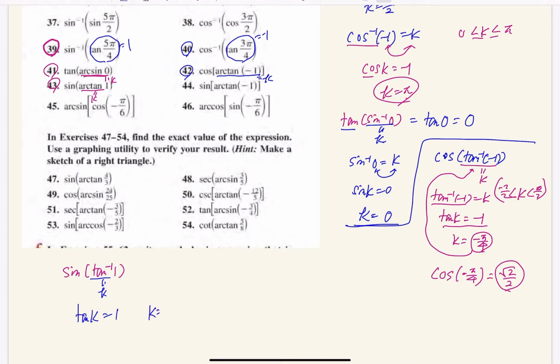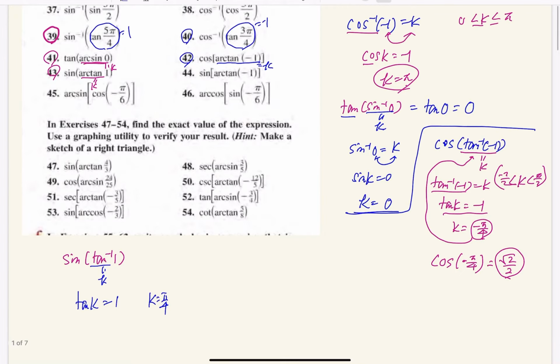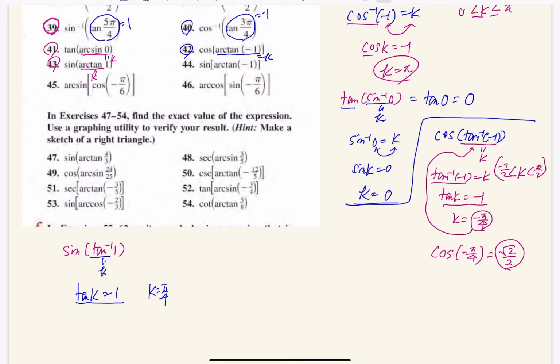So k should be equal to pi over 4 because the range of tangent inverse is between negative pi over 2 and pi over 2. Only pi over 4 can satisfy this equation. Do not use Q3. So pi over 4 is the value of k. Plug in pi over 4. So what is sine of pi over 4? Square root of 2 over 2. That's the answer.